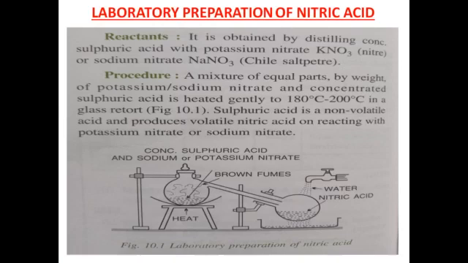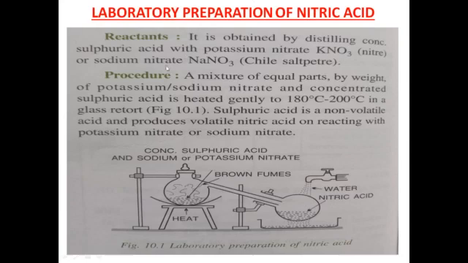In place of potassium nitrate, whose molecular formula is KNO3, commonly known as niter, we can also use sodium nitrate, whose molecular formula is NaNO3, and the common name for sodium nitrate is Chile saltpetre. So the reactants are concentrated sulfuric acid and potassium nitrate or sodium nitrate.